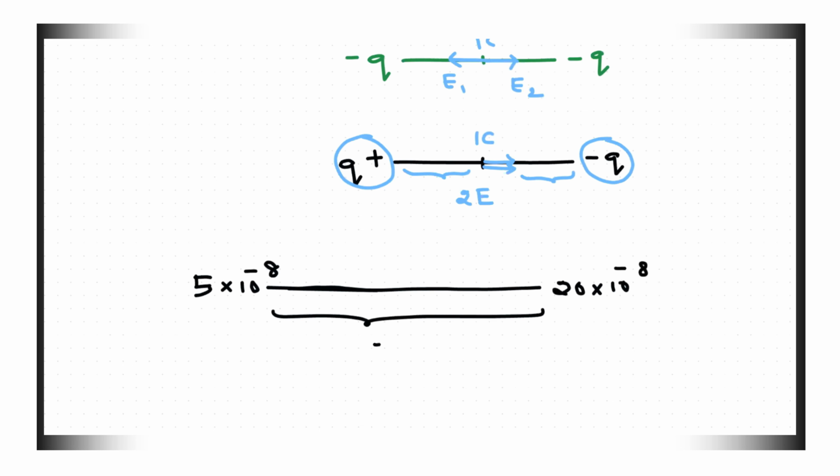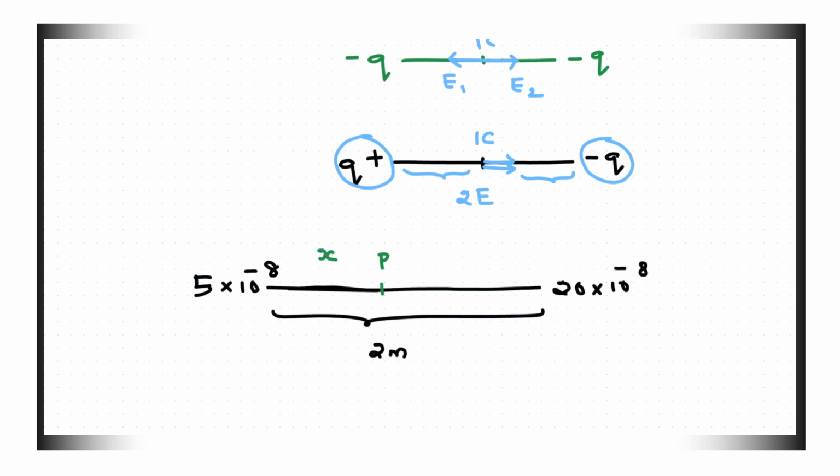Definitely, as the charge magnitudes are different, the point will not be exactly at the center. So let it be at a distance of x. At any point P, let the field be 0.